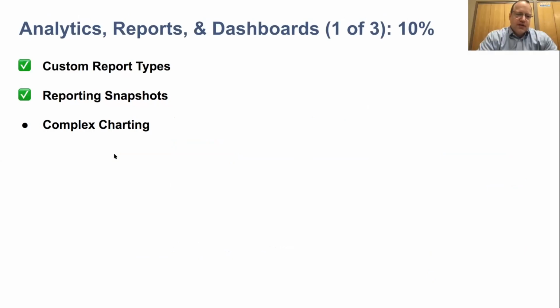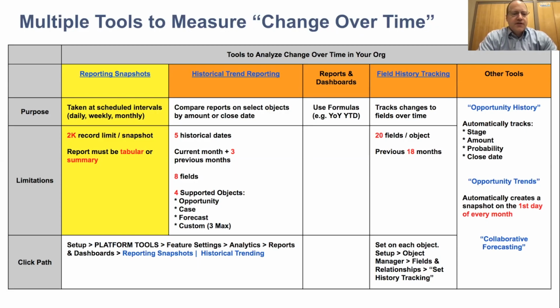George, question on that limitation there. Are you suggesting there that we could have more than one report feed the same snapshot table? Yes, you'd probably... I'm not sure, Terry. That's a good question. Your report cannot have more than 2,000 rows.